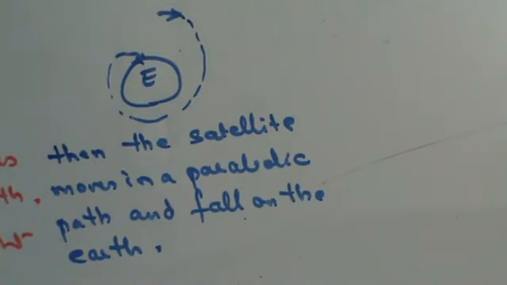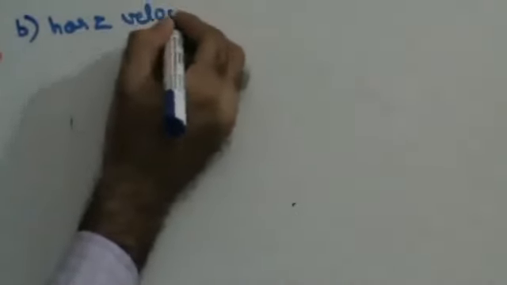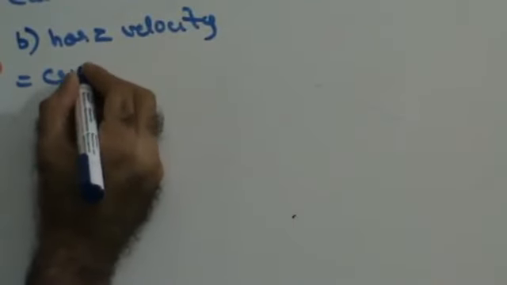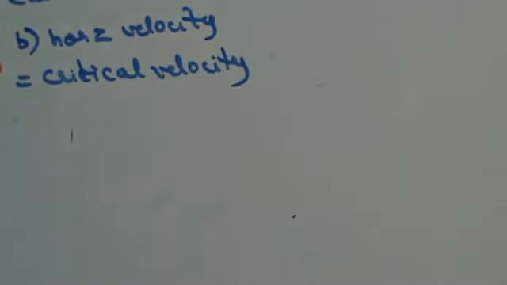Suppose the horizontal velocity is just equal to the critical velocity. Second case, if the horizontal velocity is equal to the critical velocity, then in that case the satellite will keep revolving in a circular orbit around the Earth.